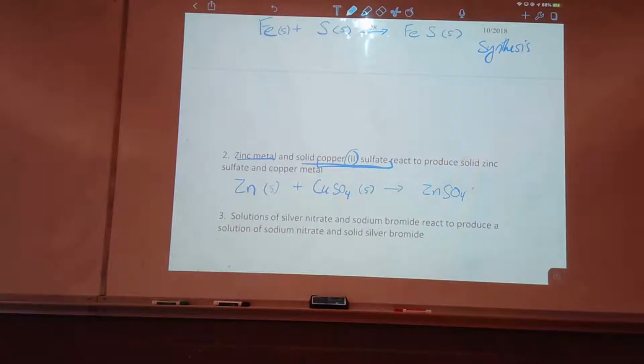And that's a solid again. What's the formula for copper metal? Cu. So this would be a single replacement. You got it. Single replacement.